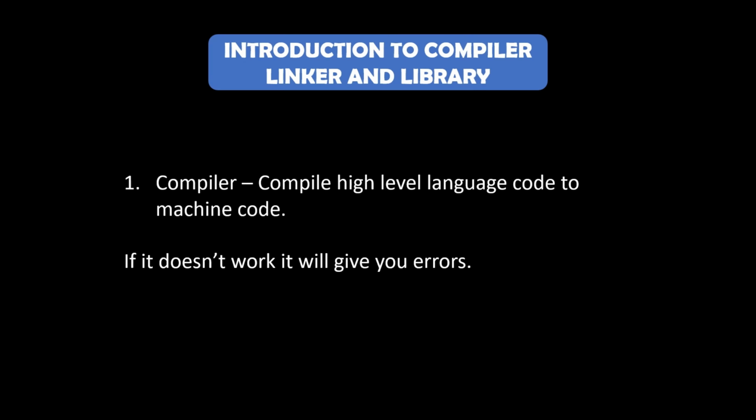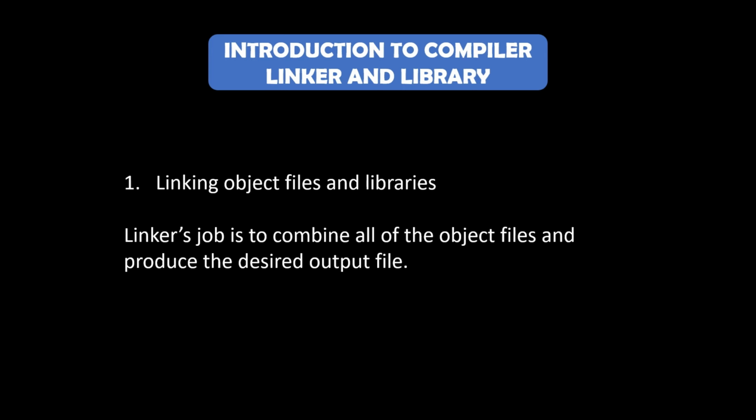Next is the compiler. As you know, it translates the high-level code to machine code. Next is the linker. Basically, the linker's job is to combine all the object files that you have created and produce the desired output file. That's why the linker is used to combine all the multiple files in the program to produce output.